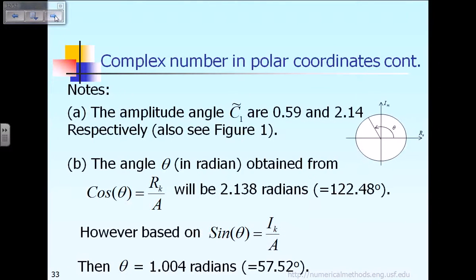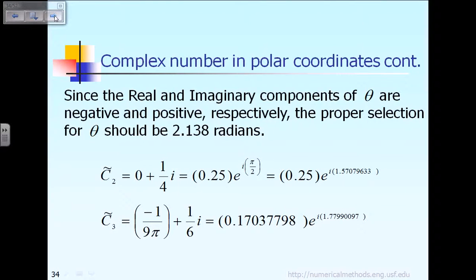And then similarly, we can do the same thing for the next number, C tilde 2. We calculated earlier that C tilde 2 equals 0 plus 1/4 i. If you express that in terms of polar coordinates, in a similar way, that complex number C tilde 2 can be expressed as the amplitude A, which is equal to 0.25, times e raised to the power i theta, where theta in this case is equal to pi over 2.